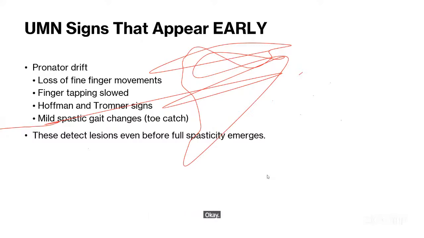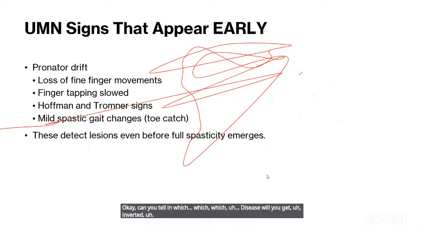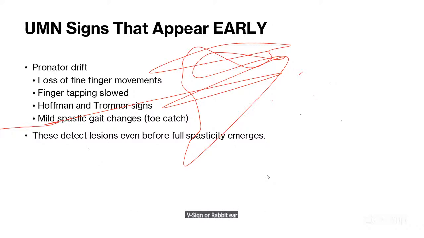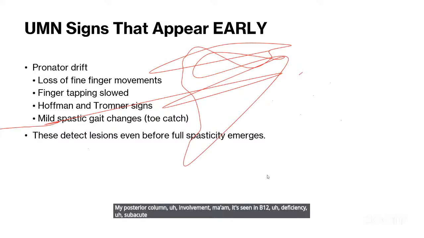Can you tell in which disease you will get the inverted V sign or rabbit ear sign? Posterior column involvement, it's seen in B12 deficiency, subacute combined degeneration.